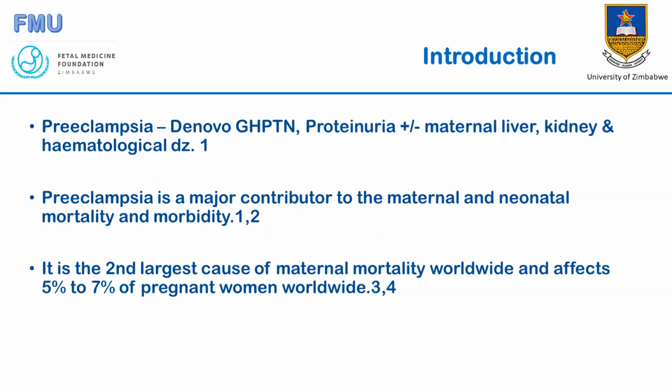Preeclampsia is a major contributor to maternal and neonatal mortality and morbidity globally. It is the second largest cause of maternal mortality worldwide and affects 5 to 7% of pregnant women globally.